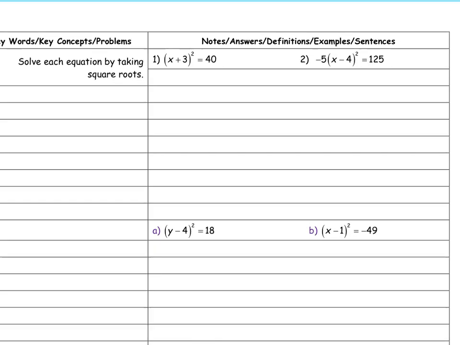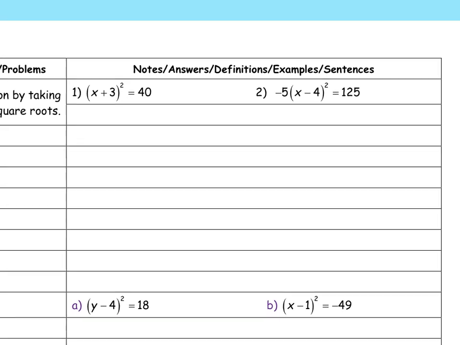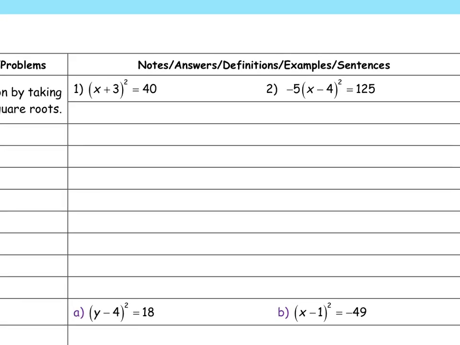Okay, and then the last set looks just a little bit different, right? So this time the x is inside a parenthesis. So I have to get rid of the square first before I add or subtract. So I'm going to square root this first. So I get x plus 3 equals, let's see, 40 is 4 times 10, right?